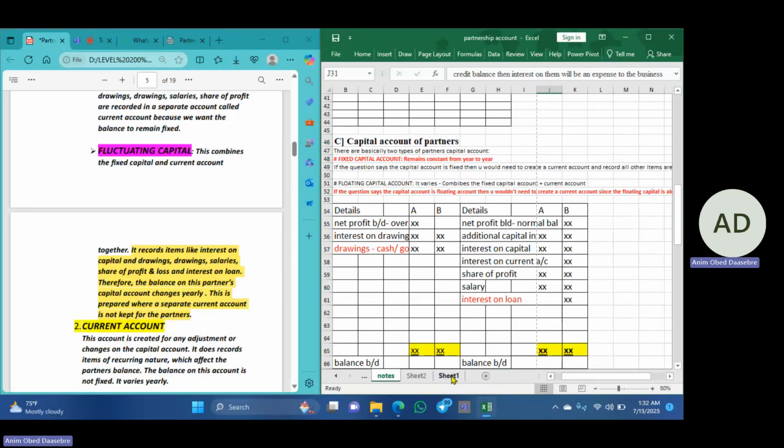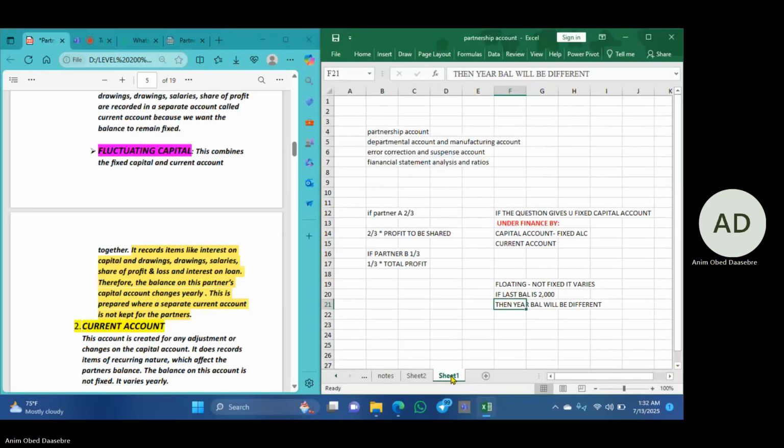So if the account is a floating account, what actual balance are you going to take to the finance by? Now, if the capital account is a floating account, here, we are not going to record any current accounts.